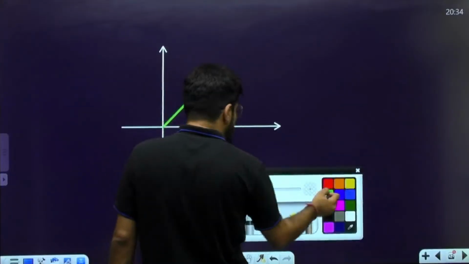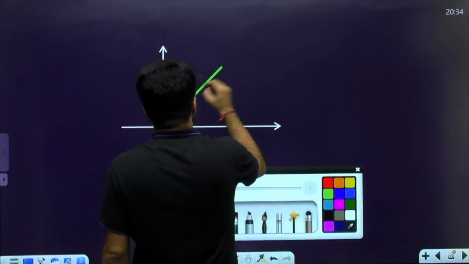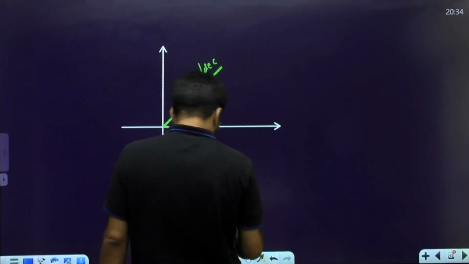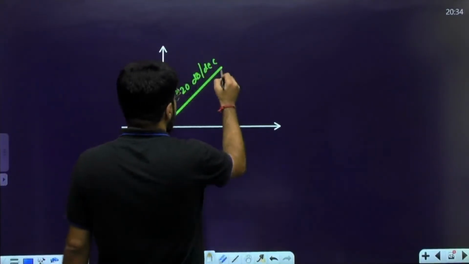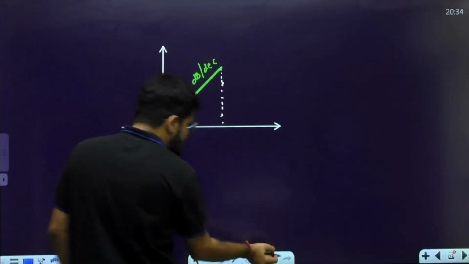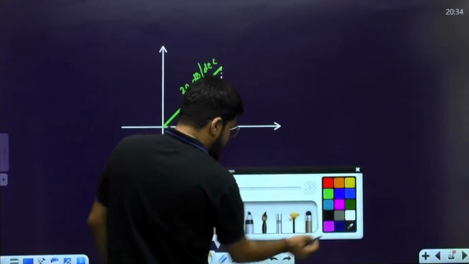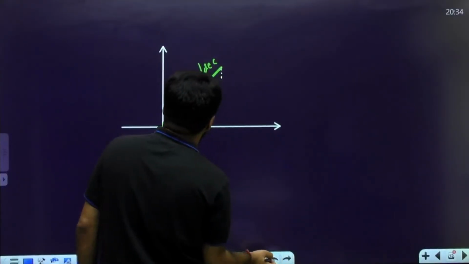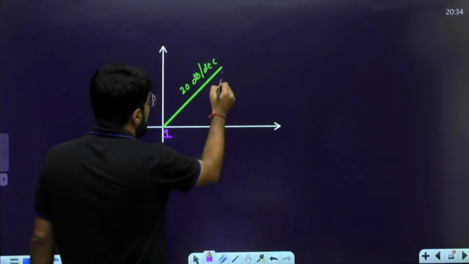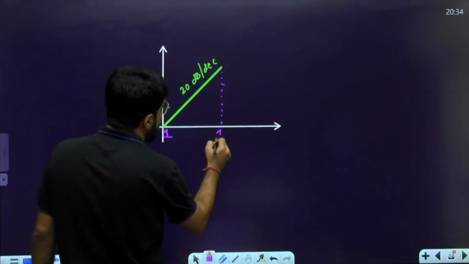Suppose I have taken a line whose slope is 20 decibel per decade. What does 20 decibel per decade mean? Suppose this is frequency 1 and this is frequency 10.